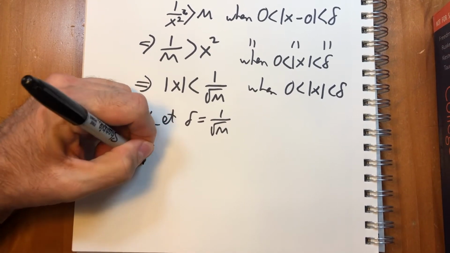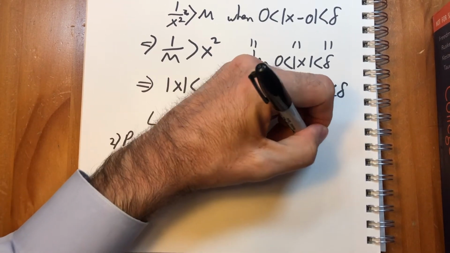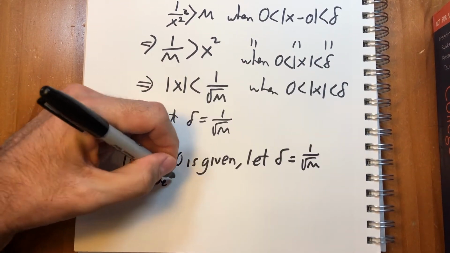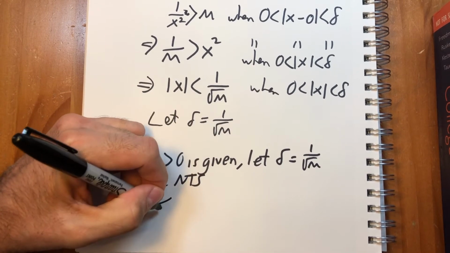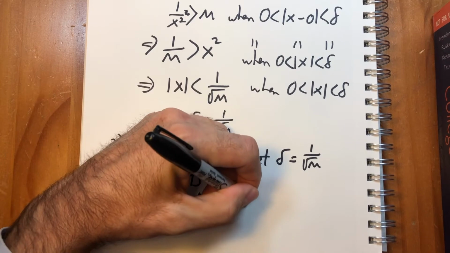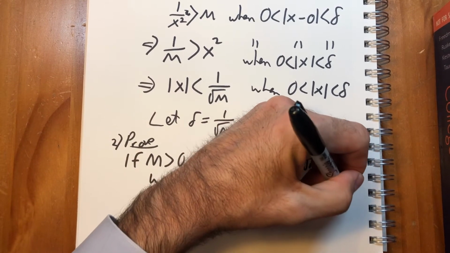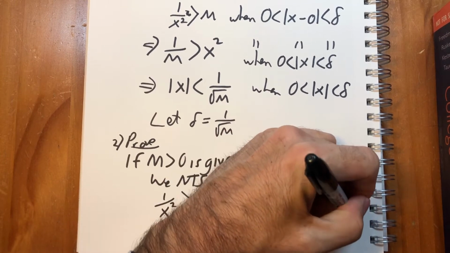If m greater than 0 is given, then let delta equal 1 over the square root of m. So we need to show that 1 over x squared is greater than m when 0 is less than the absolute value of x minus 0 is less than delta, which equals 1 over the square root of m.